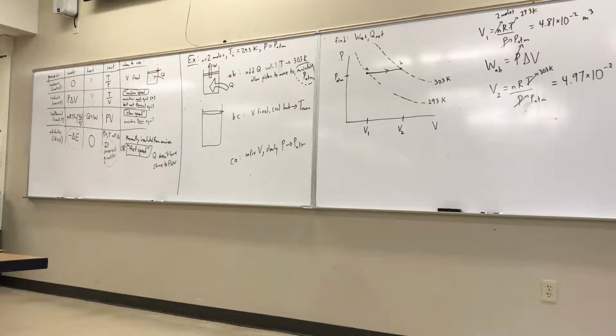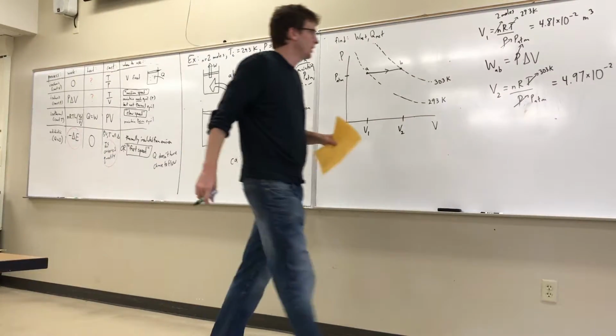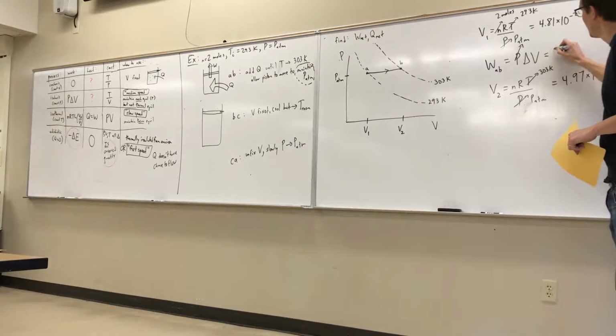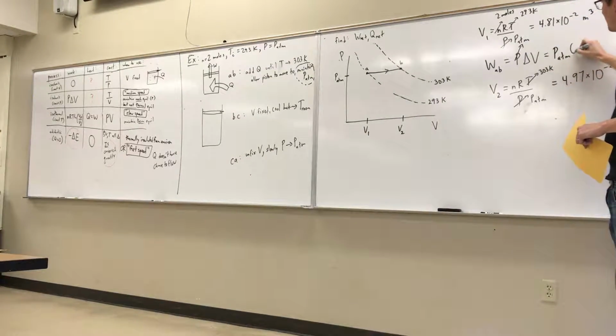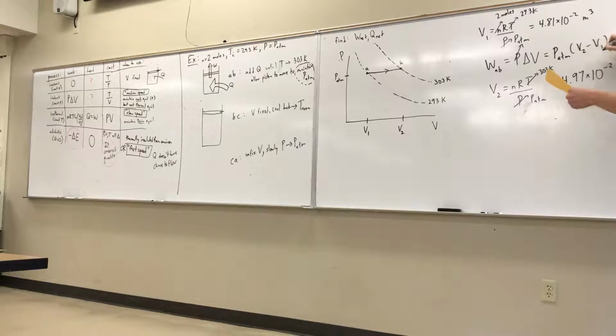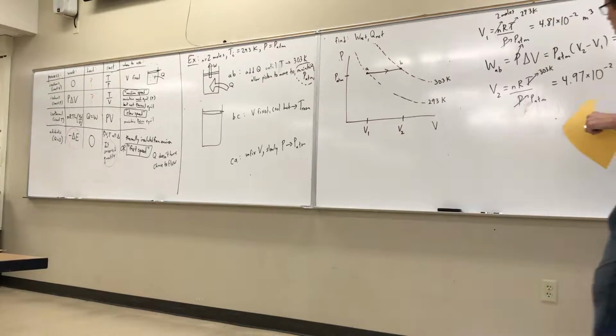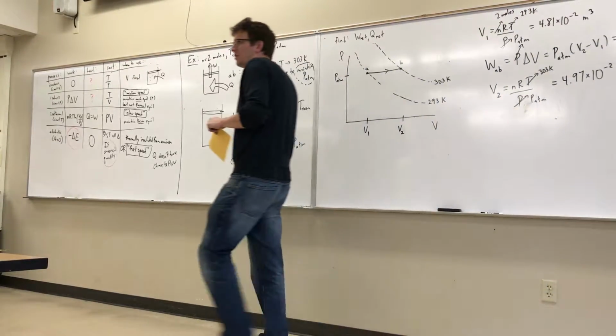Hence, we're at a higher temperature, and we are also at a larger volume. Okay? So you can put that in here. This will be P_atm times V2 minus V1, and you should be able to show that 162 joules of work was done during this process.